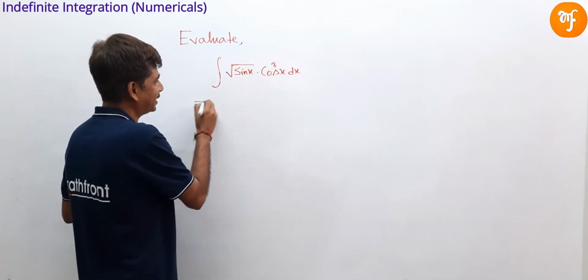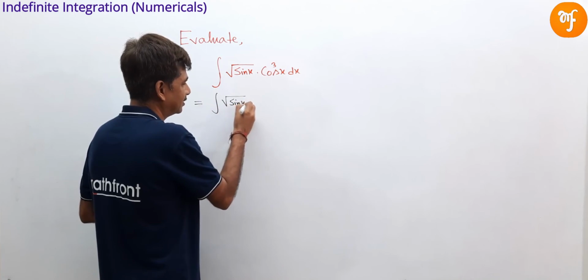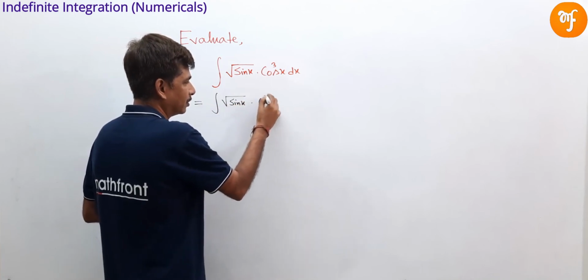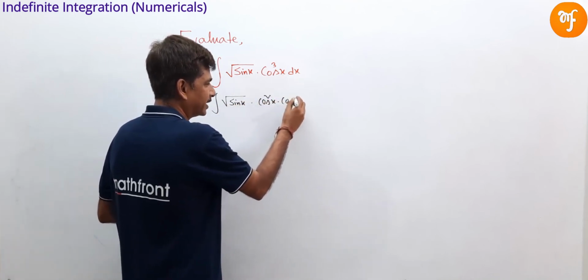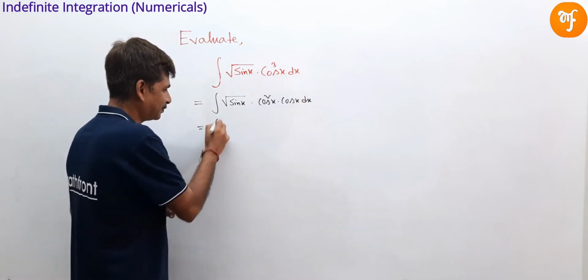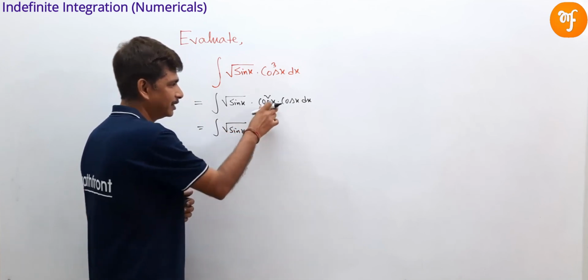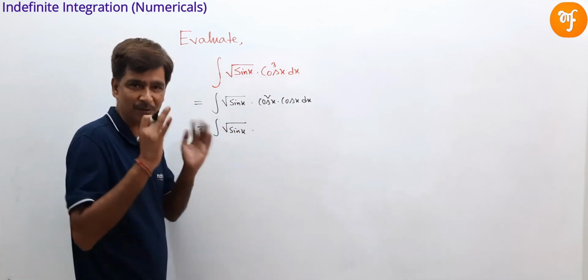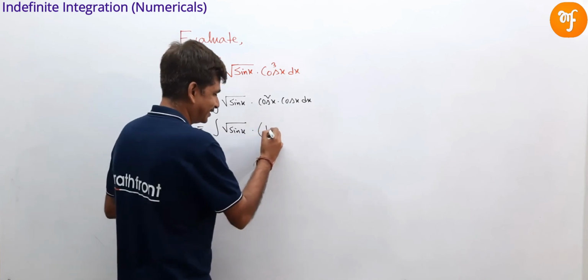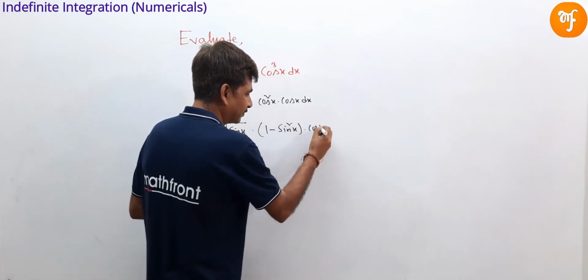So this integration can be written as square root of sin of x into cos square x into cos of x dx. In the next step, this cos square x can be written as 1 minus sin square x. So this is square root of sin x into 1 minus sin squared x into cos of x dx.